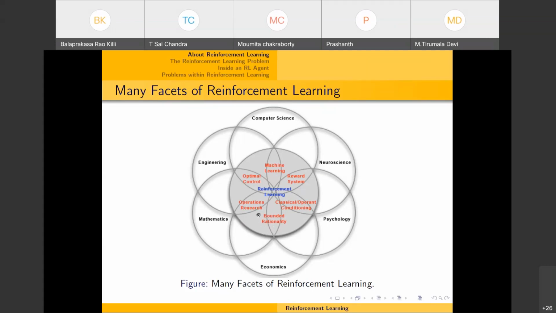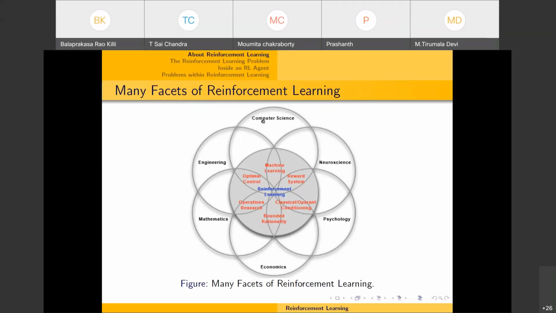So exactly, I am discussing these subfields because from this Venn diagram, what we can conclude is there are these different fields of science and engineering, and there is a branch of each of these fields which exactly deals with the same problem as that of reinforcement learning. That's why reinforcement learning is at the intersection of all these branches of different fields of science and engineering.